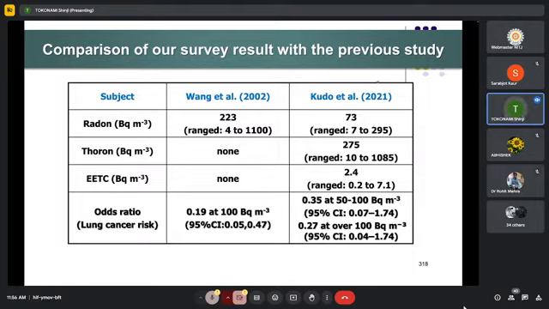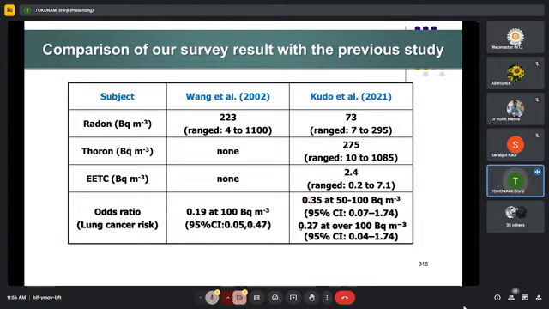Our study revealed that the radon concentration is lower than in the previous study, 73 becquerel per cubic meter for radon, but the thoron concentration was high. Regarding thoron progeny concentration, it was 2.4 becquerel per cubic meter.